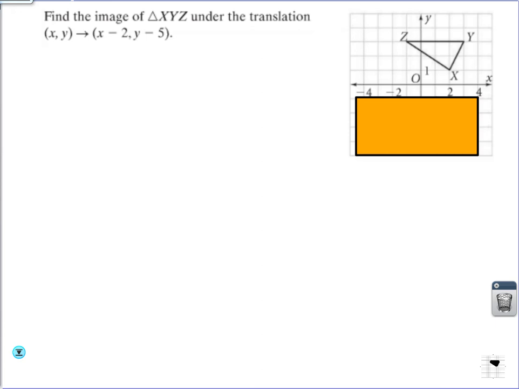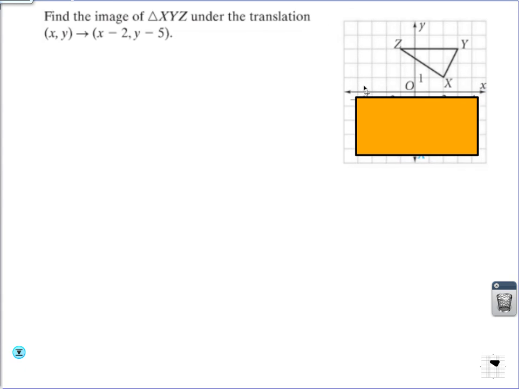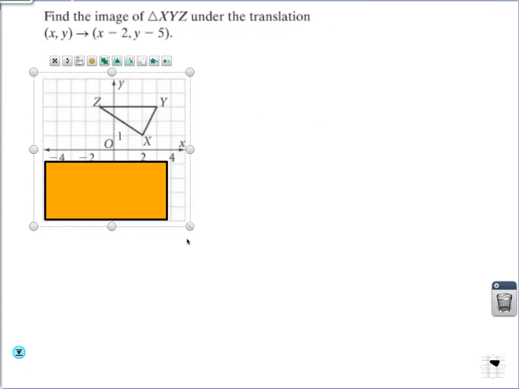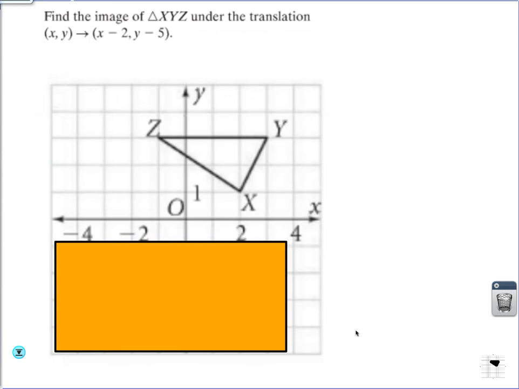Next one. It says find the image of triangle XYZ. Let me move the whole thing. You've got triangle XYZ with point X being at (2, 1). And sometimes they won't give you the points.